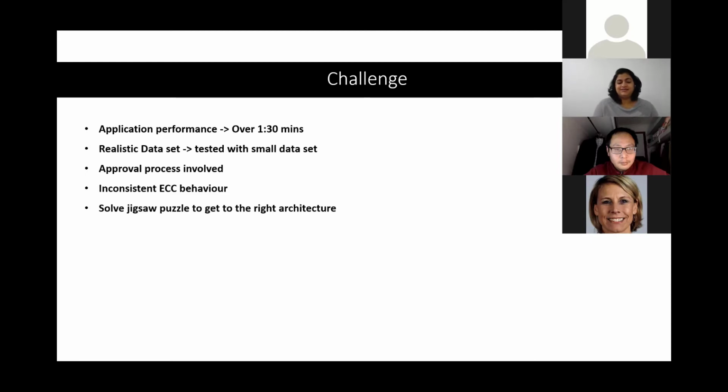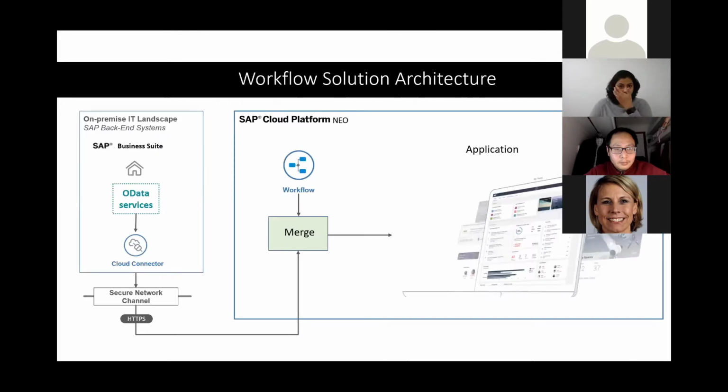So let's start with the initial architecture that we started with. Initially we started with the workflow because of the approval process involved. The personas had to approve the process at each stage, and then it goes to the next person.